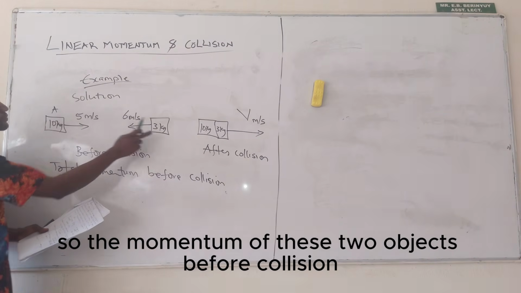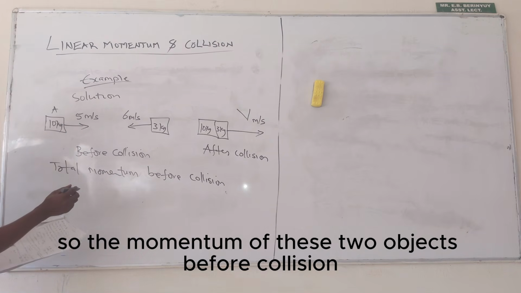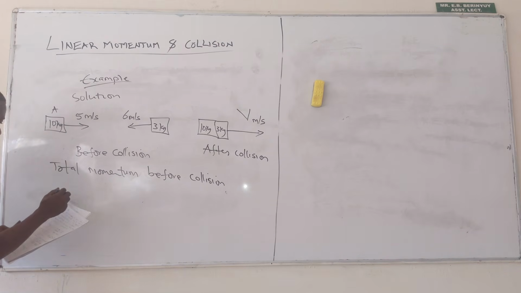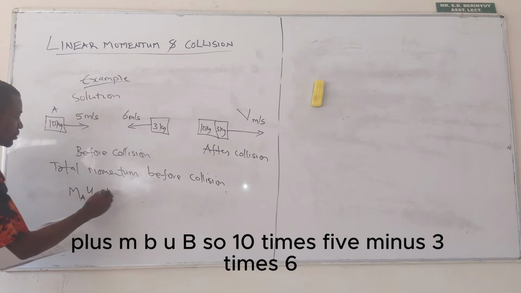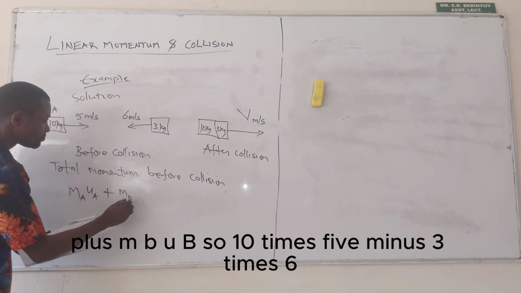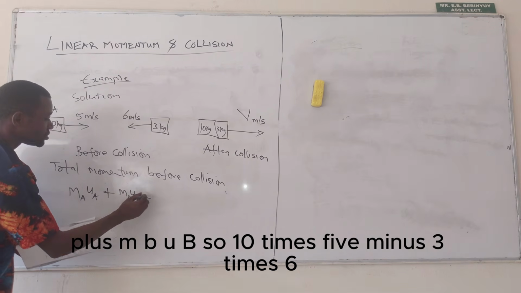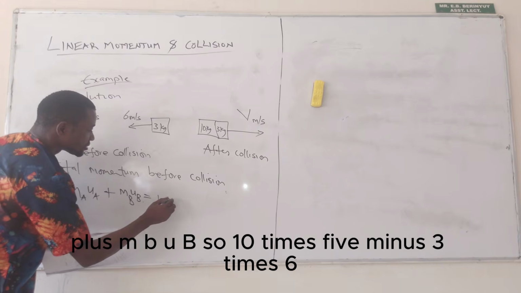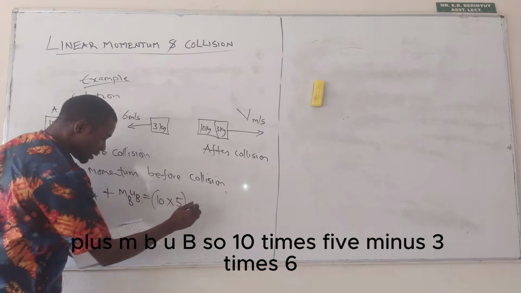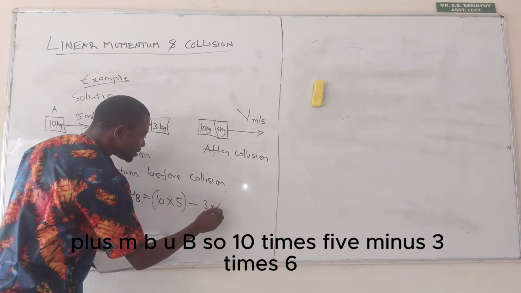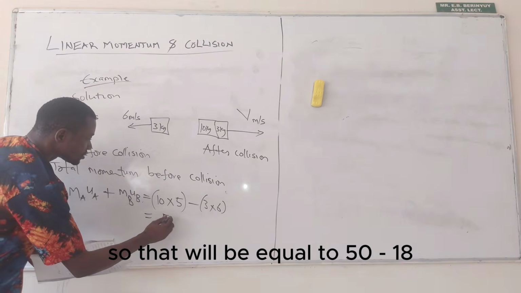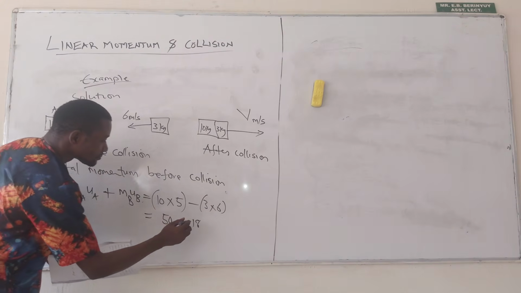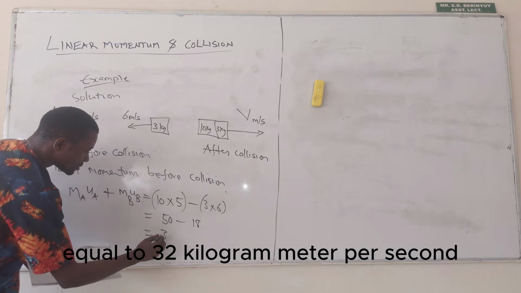So the momentum of these two objects before collision is equal to MA UA plus MB UB. So 10 times 5 minus 3 times 6. That will be equal to 50 minus 18, equal to 32 kilogram meters per second.